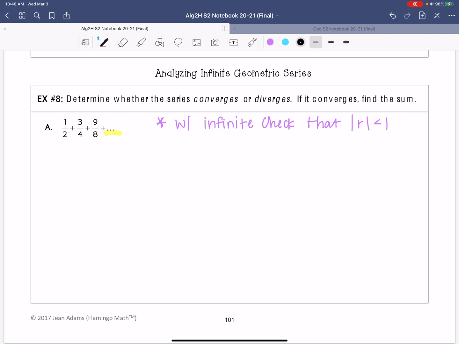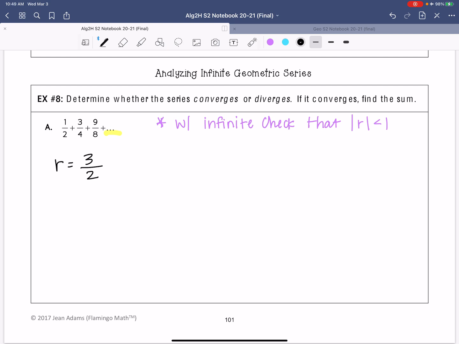Let's find the ratio. So the easiest way to see this ratio is look at your numerators and see what they're multiplying by. So to get from 1 to 3, 3 to 9, I'm multiplying the numerator by 3. To get my denominator, I'm multiplying my denominator by 2. So my R value is 3 over 2, because the top's being multiplied by 3, the bottom is being multiplied by 2.